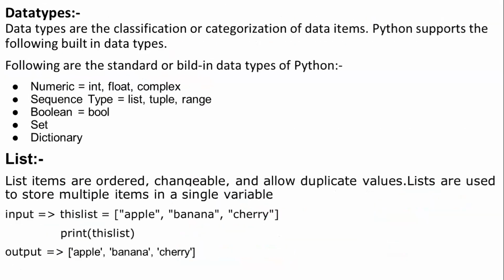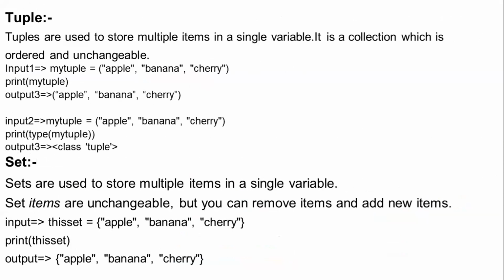So this was the list: apple, banana and cherry. Output will be there. So from this list, it can be printed.